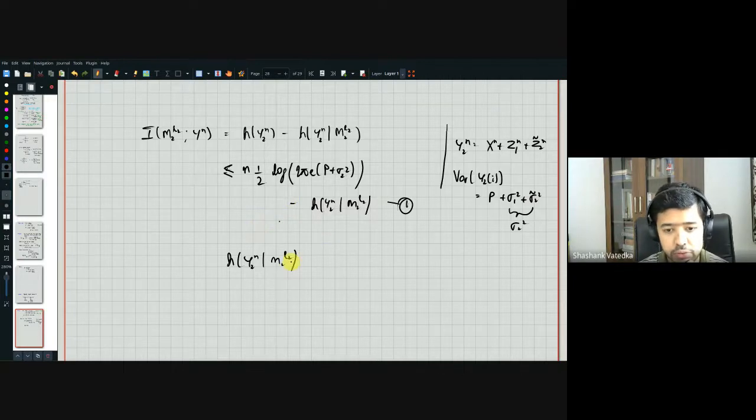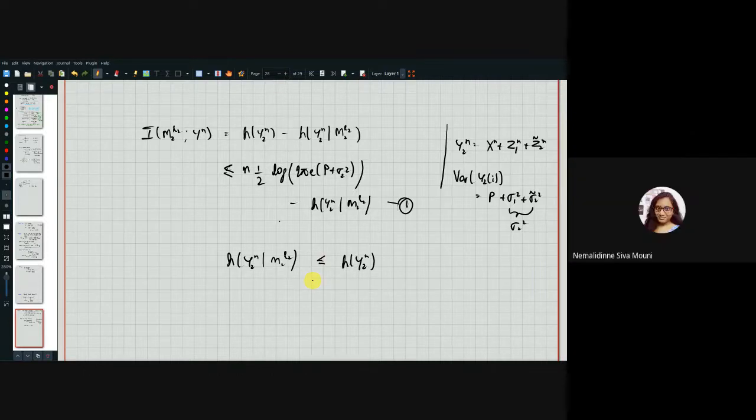Okay. So let's look at h of y2n given m2 l2. I claim that this is less than or equal to h of y2n. Why is that true? Conditioning reduces entropy. Yeah, exactly.